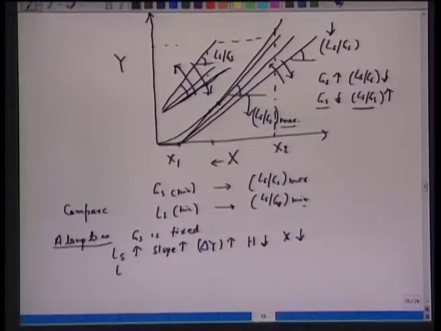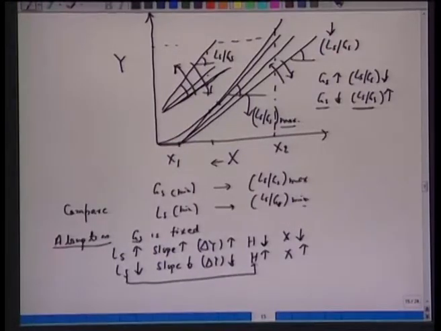On the other hand, if we decrease LS for a given GS, then slope decreases, driving force decreases, height of the column increases, and x increases. So look at the economy here, LS and H. If the amount of LS decreases, height increases. If the amount of LS increases, the solvent requirement increases, then the height decreases.